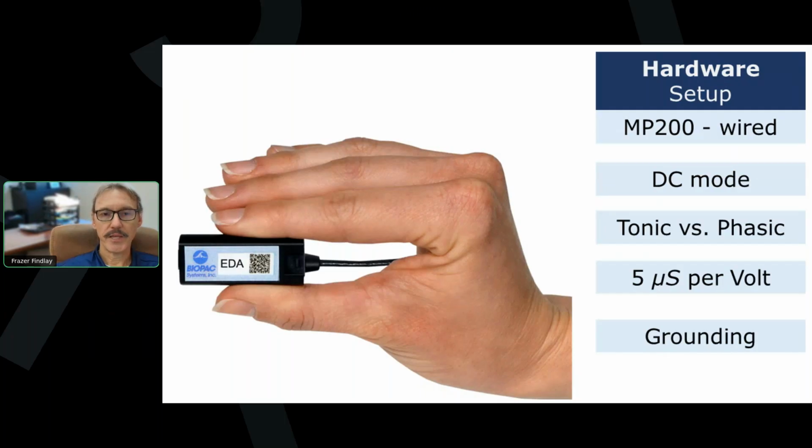In terms of the wired, this is the latest generation. This is the EDA 100D. These are really nice. They're very small, lightweight. This will clip to the participant. We use the lightweight electrode leads, which are common to both the D series and the Biopac amplifier range.